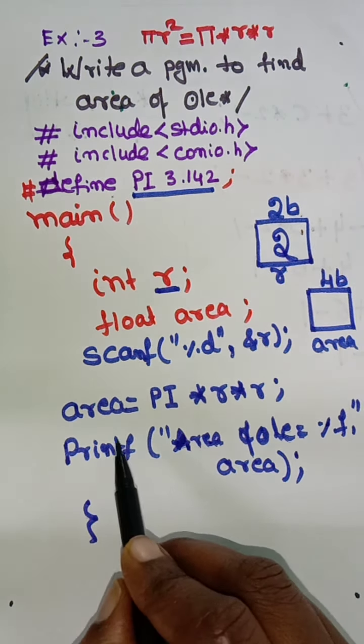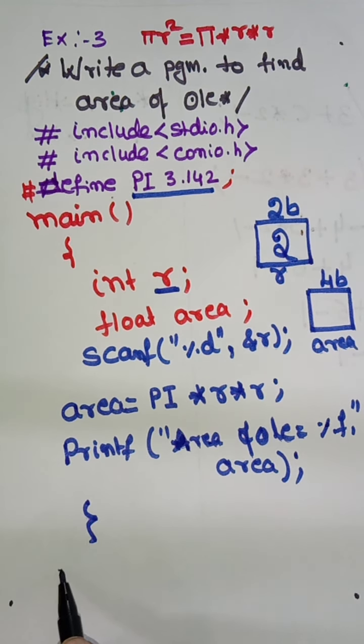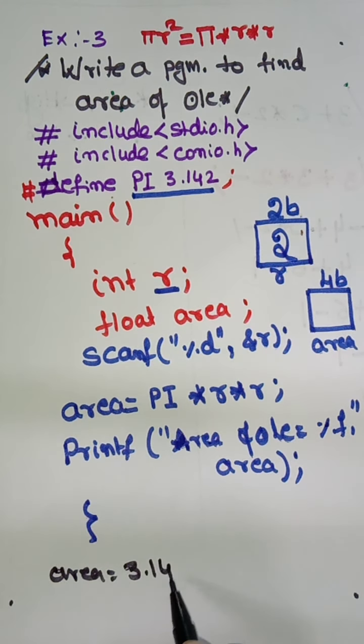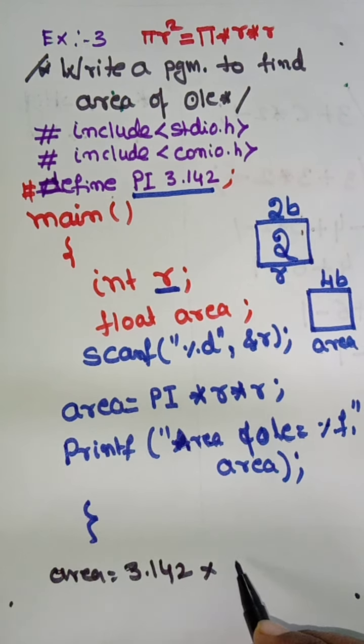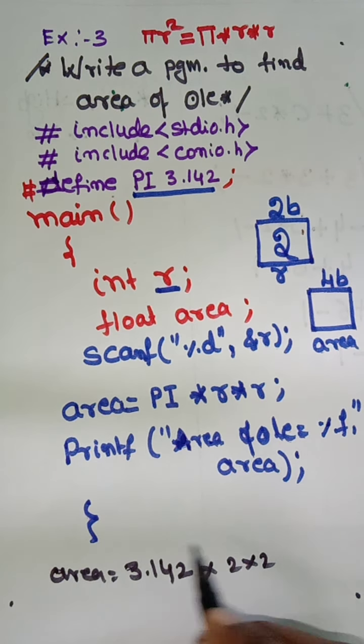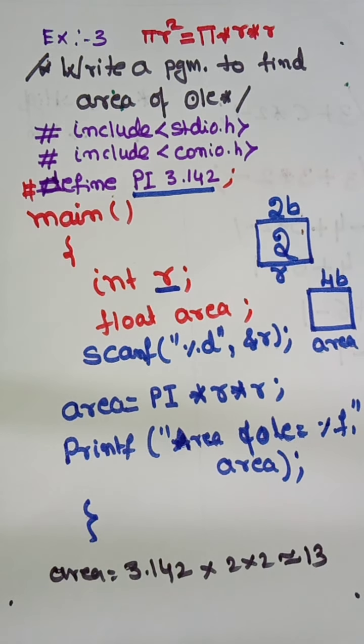Okay, and next, area is equal to pi, which is 3.142, into r, which is 2 into 2. Okay, 2 into 2 is 4, 4 into 3 is 12 point something it is going to print. Let us say it is nearing to 13.